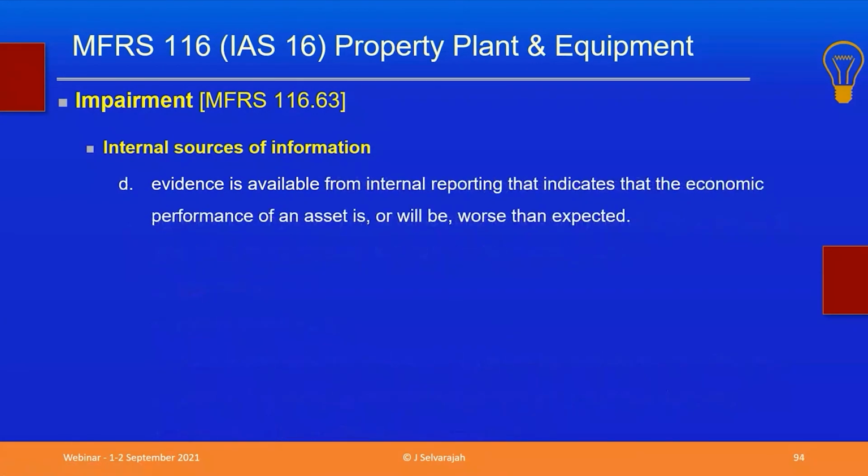Evidence available from internal reporting showing that the performance is going really down. What would you expect? All the assets to remain intact, right? So definitely the economic performance of the asset will also go down. As I say, you must be on the site to see things. You will see different industries facing different problems.